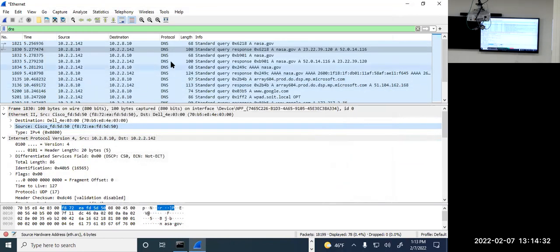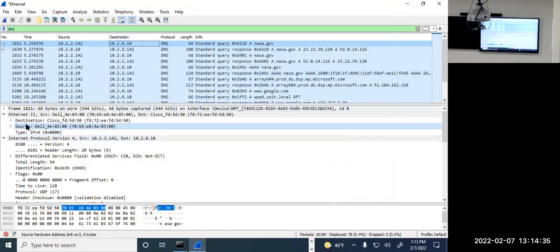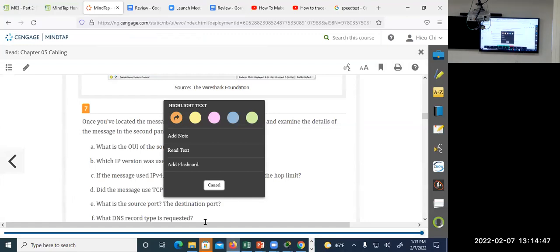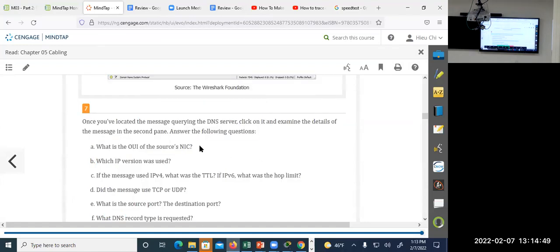Sorry. If you want to check, you have to check from this one. That is short here, right? So that's why I have 70B5E8 here. And you can come back to the question here. What is the OUI of the source NIC here? And that is my answer here.